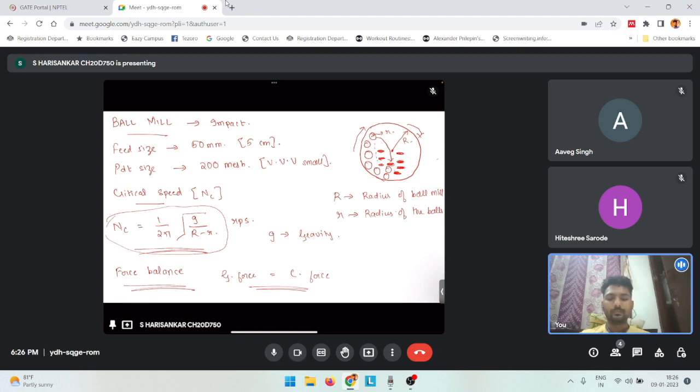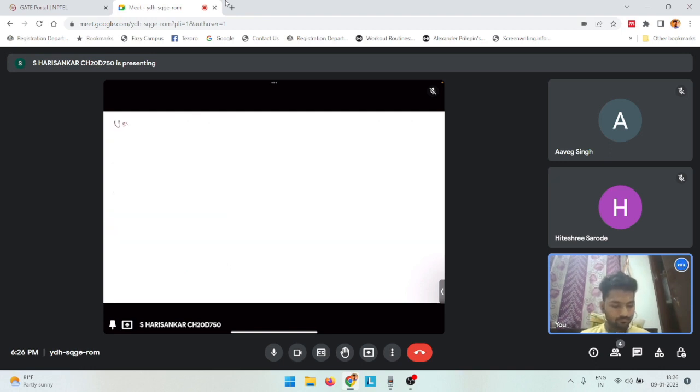So we use this concept and we can derive the equation for the critical speed of a ball mill. So usually a ball mill operates at 0.5 to 0.75 of your critical speed.